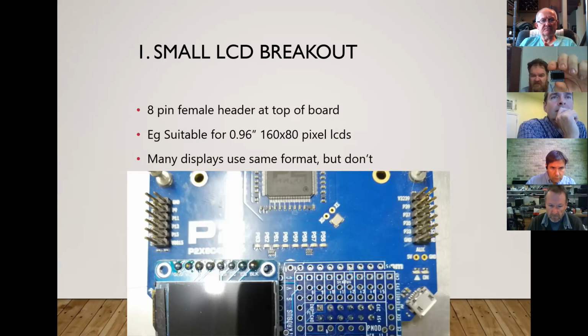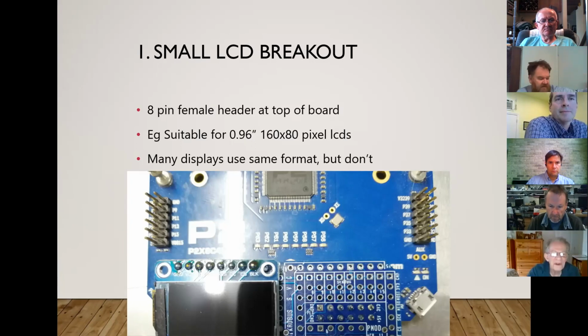You can put different functions on different pins, and of course the P2 can rearrange functions according to where the data and clock pins are located. So the first mode for this breakout board is to accommodate these small OLED and LCD displays, which are becoming quite cheap and readily available.